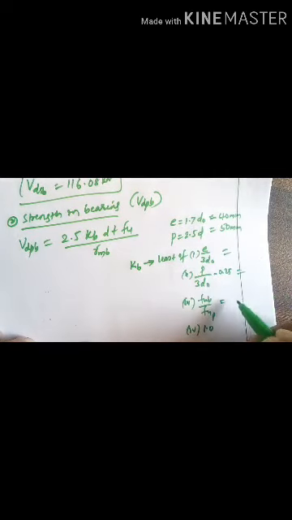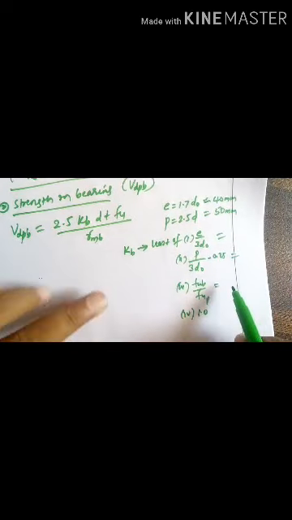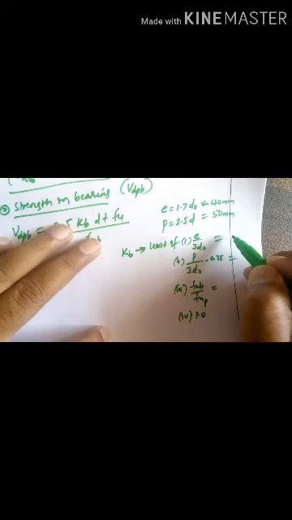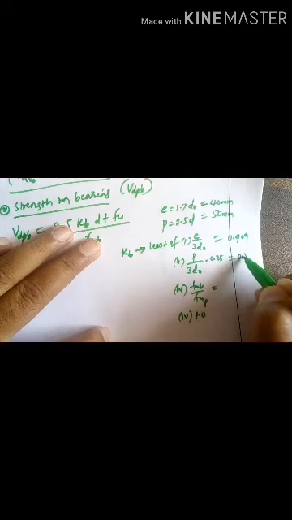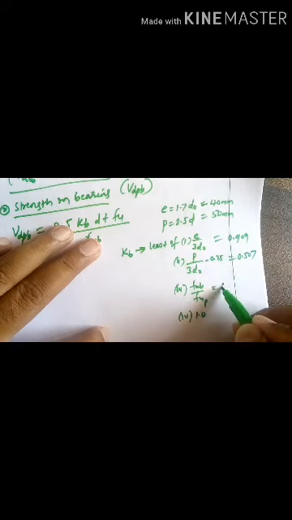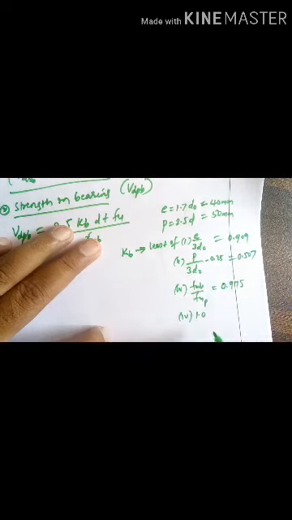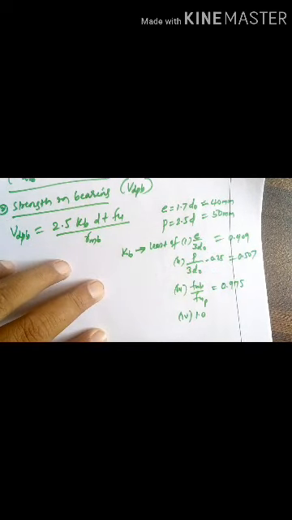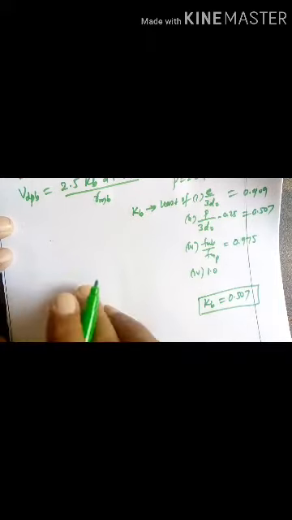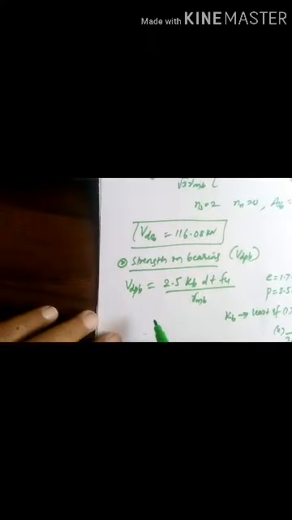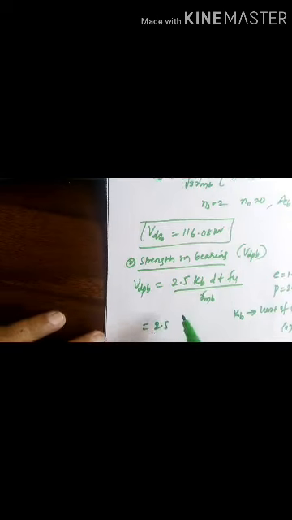When you substitute the values of edge distance and pitch, you get the first as 0.909, then 0.507, then 0.975. The least of these is 0.507, so take 0.507 as the kb value.